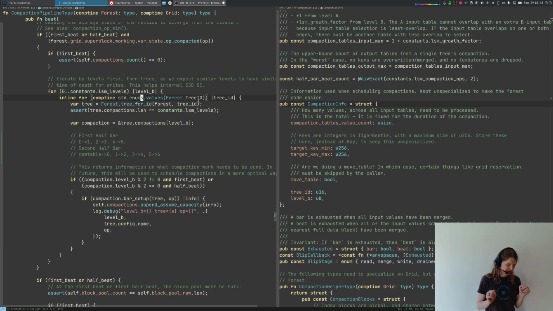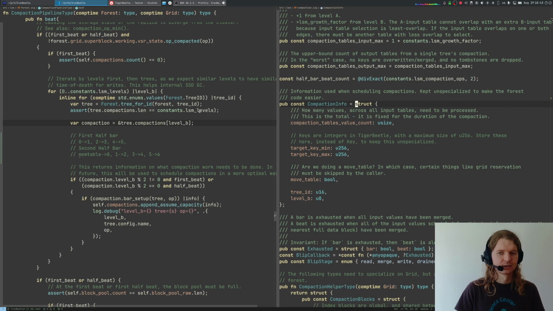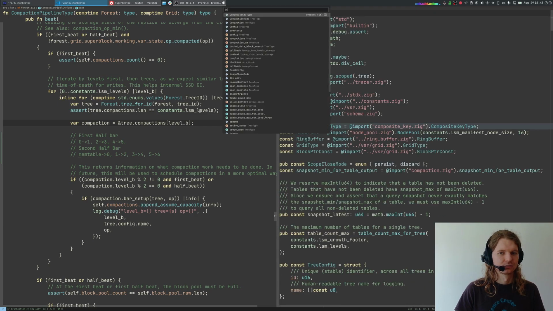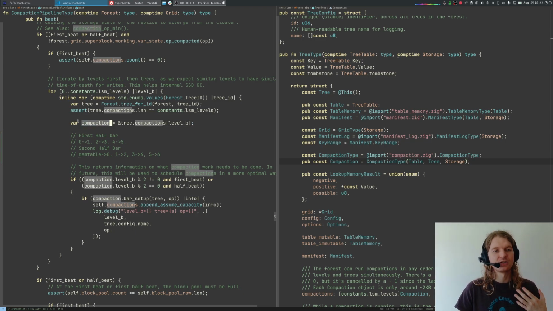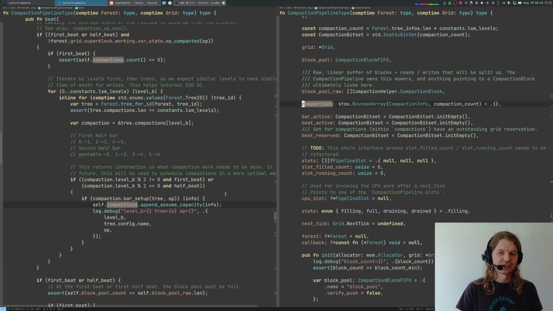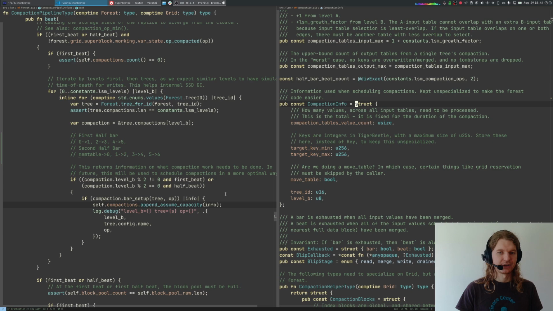Trees store different objects in their tables. And I believe that the compaction for every tree, let's actually go and see this. Yeah, so compaction is a tree-specific type. Compaction is parameterized by a particular tree. So this type of compaction is different for every iteration of this outer loop. But on the other hand, compactions here have the same type, compaction info. And compaction info is exactly the thing that type erases this information.